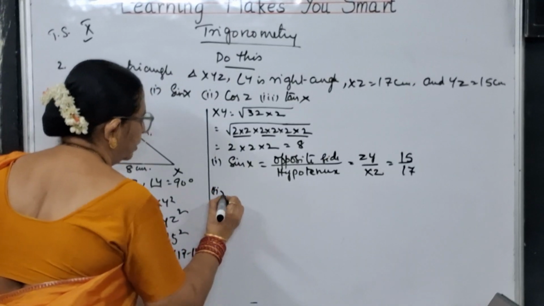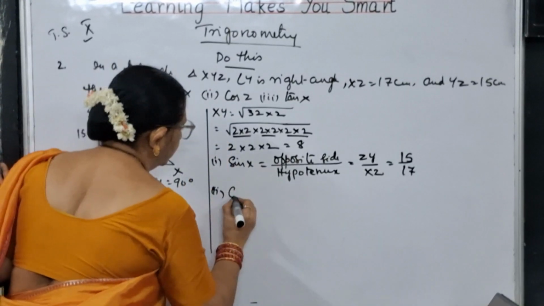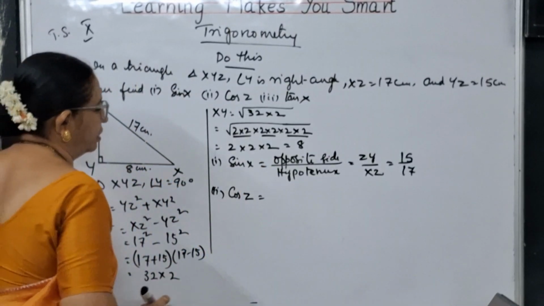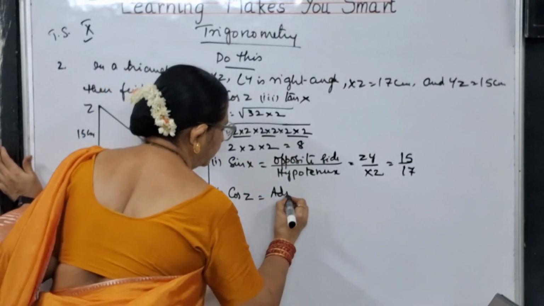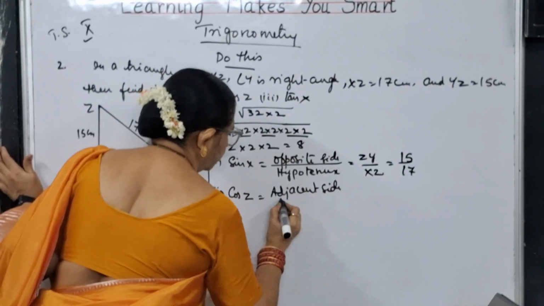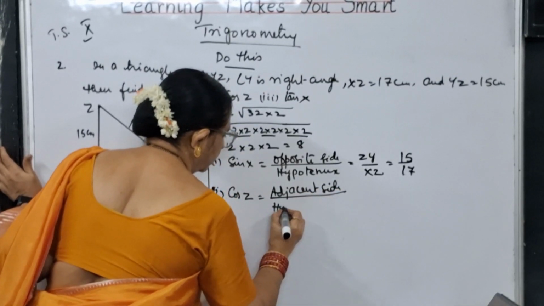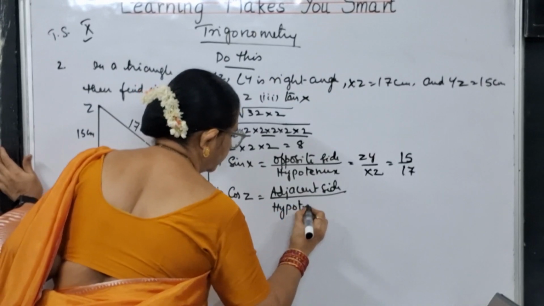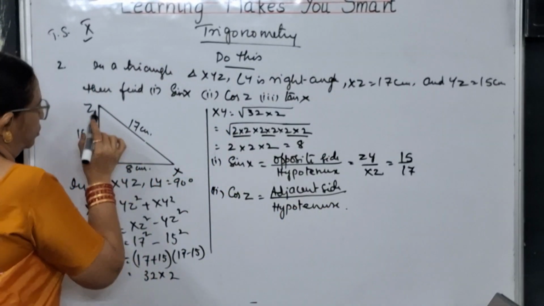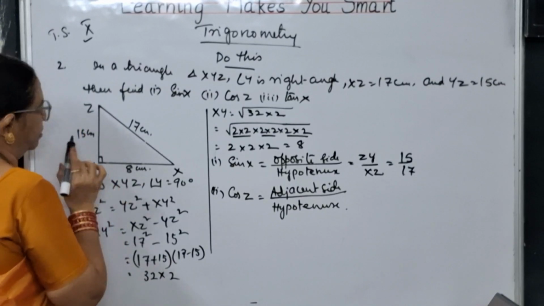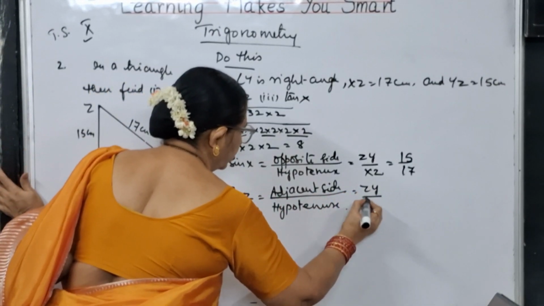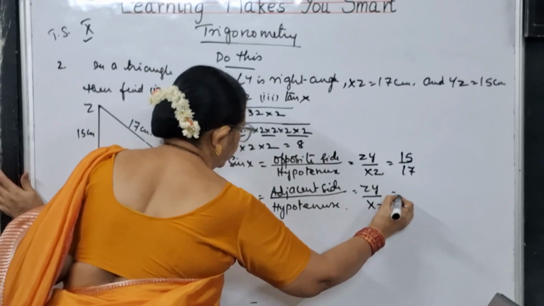Second bit, they are asking to find out cos z. So first let us write the formula. Cos theta means adjacent side by hypotenuse. So for cos z, z is here. So for this z, adjacent side is ZY by hypotenuse is XZ.